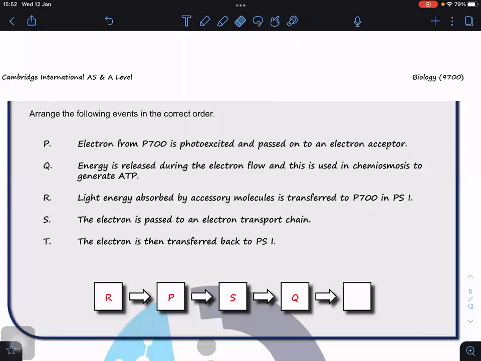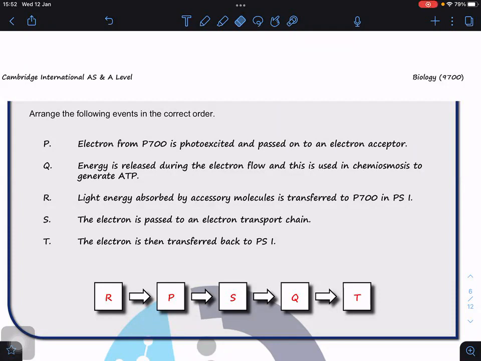Energy is released during the electron flow, and this is used in chemiosmosis to generate ATP. Last, the electron is transferred back to PS1. So in the whole process, the plant wants to generate ATP through this cyclic photophosphorylation.